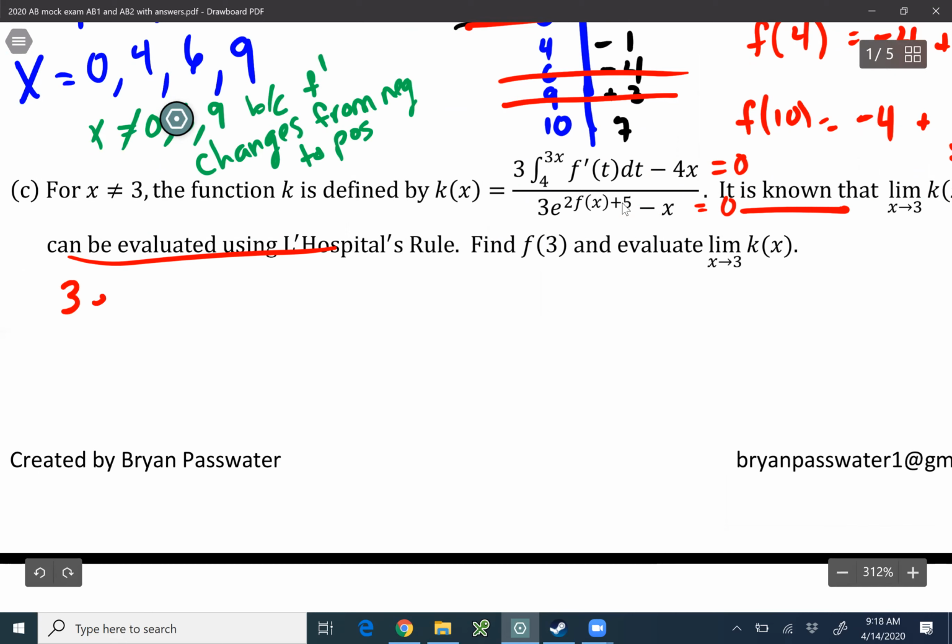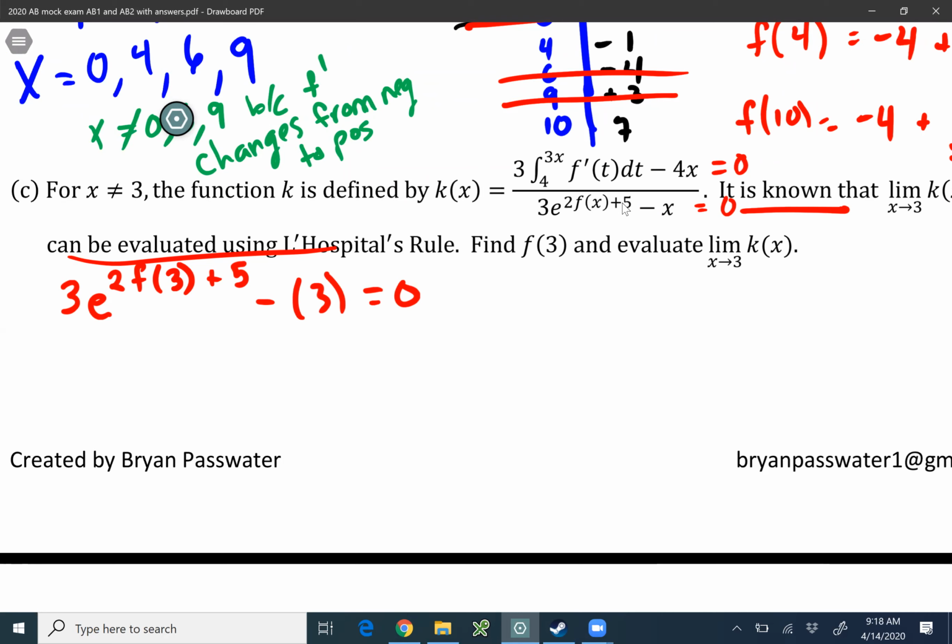So we're going to say 3e to the 2 f of 3 plus 5 minus x, and we're going to put 3 for x, equals 0. If you wanted to write those as x's first, you could.